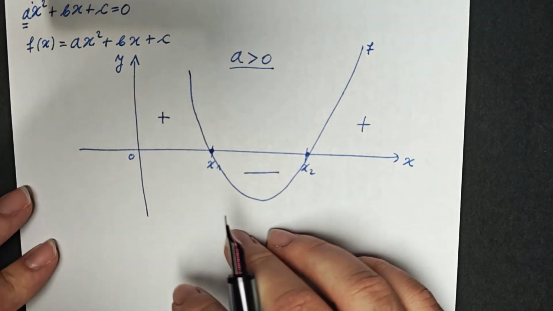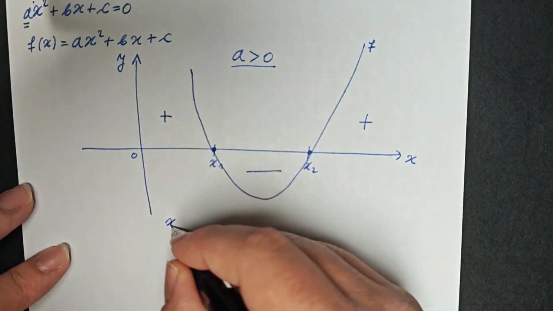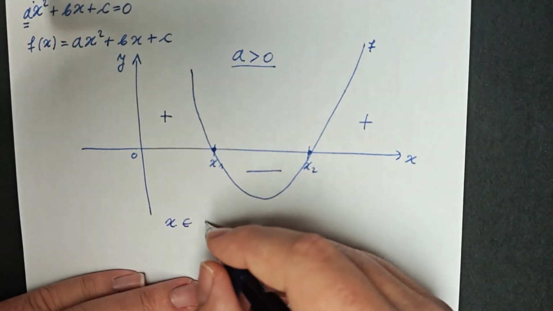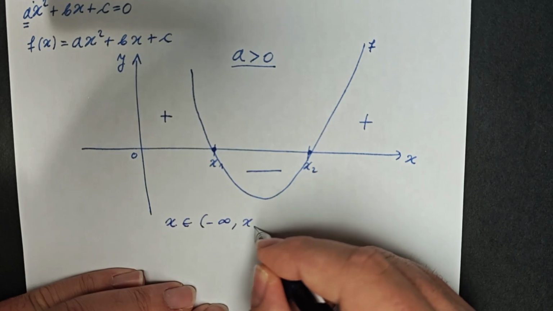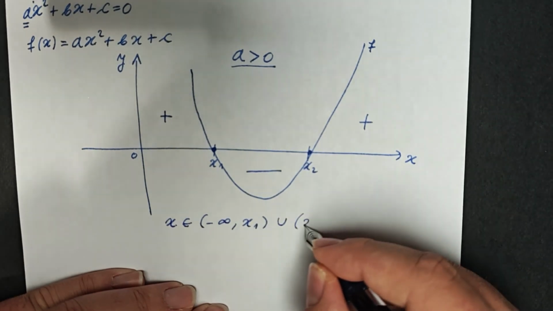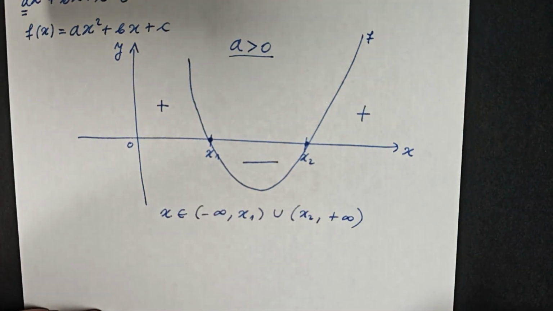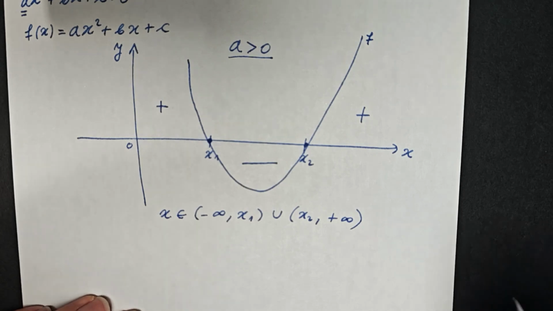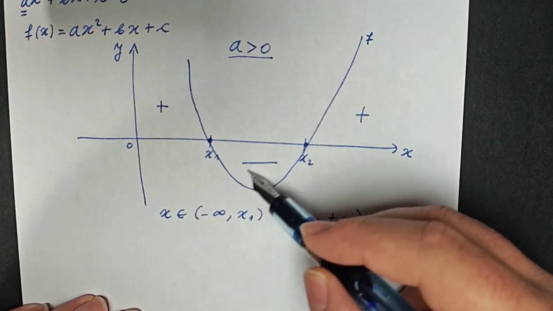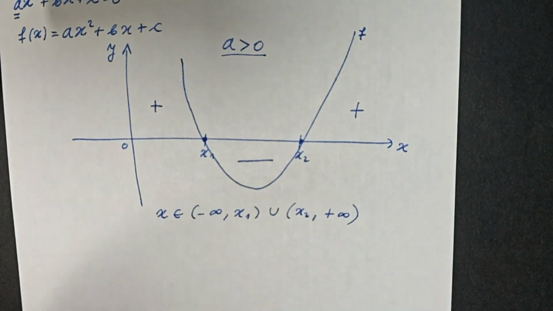So, the parabola has the positive values for x inside the set from negative infinity to x1, union from x2 to positive infinity. The negative values are going to be achieved when the graph of the function is under the x-axis, this area here.